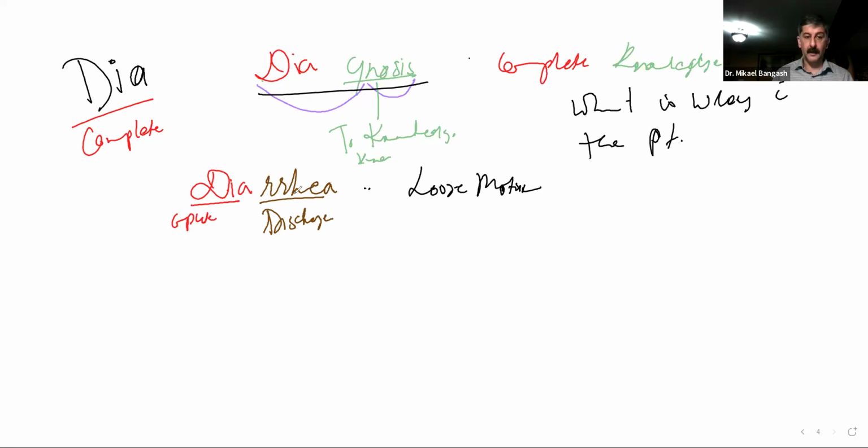So I guess they came up with this word for loose motions mainly because if you have had loose motions for quite a few days, 4, 5, or 10 times a day, once you make it to the doctor, you're completely wasted.